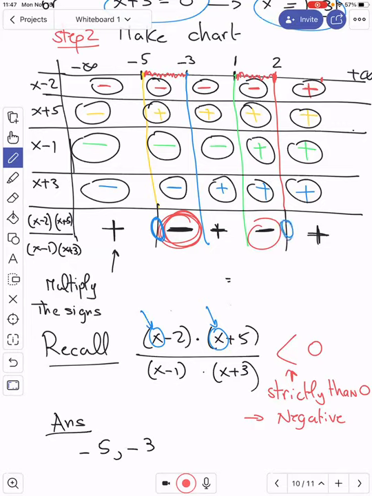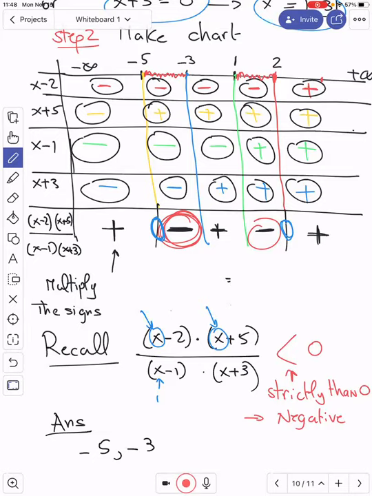Now, if your x is equal to 1, the denominator is going to be 0, and we are not allowed to divide by 0. So your x cannot be equal to 1, all right? The same for -3. We're not allowed to divide by 0, so x cannot be equal to -3 anyway.